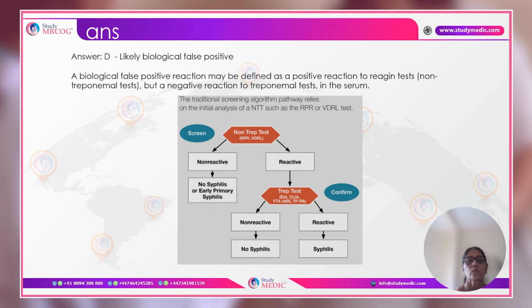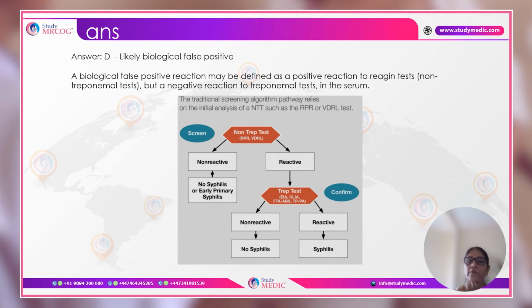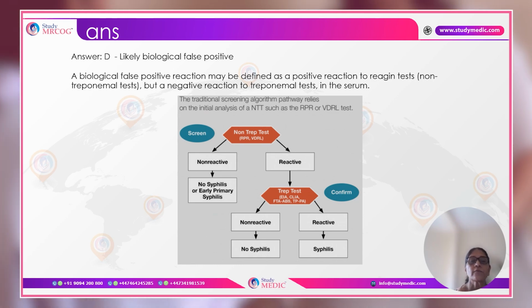Okay, so what is usually done is a non-treponemal test like RPR or VDRL. If that is negative or non-reactive, then the woman doesn't have syphilis or any infection. But if the VDRL or RPR is reactive, then you will do a confirmatory test with a treponemal test.